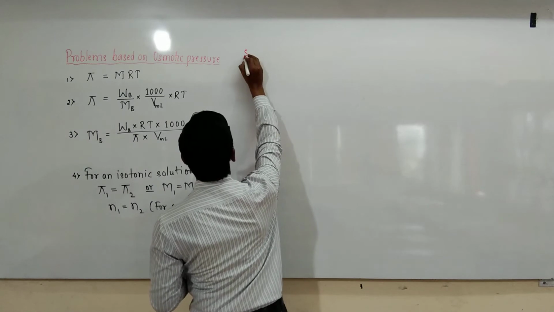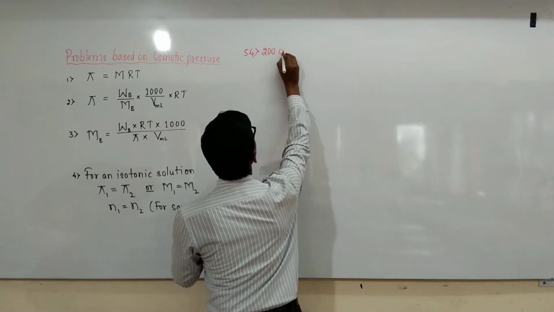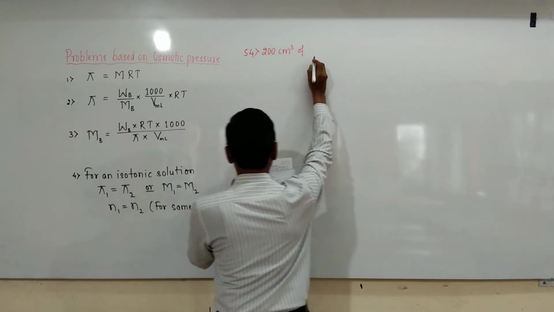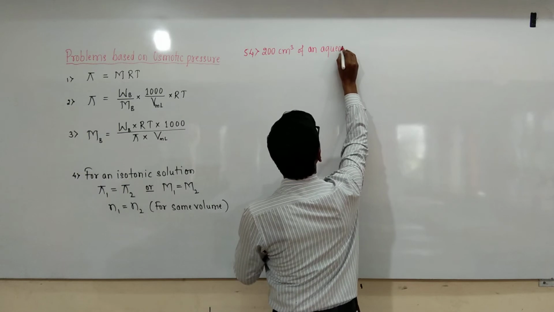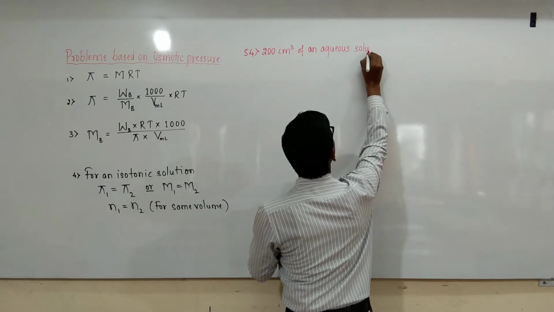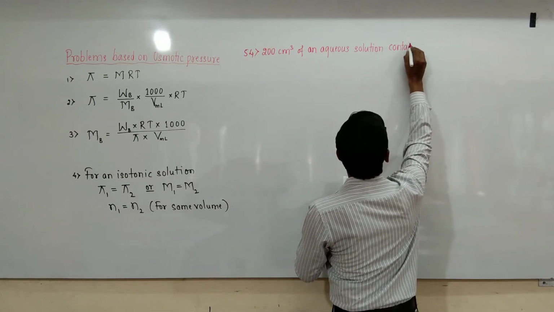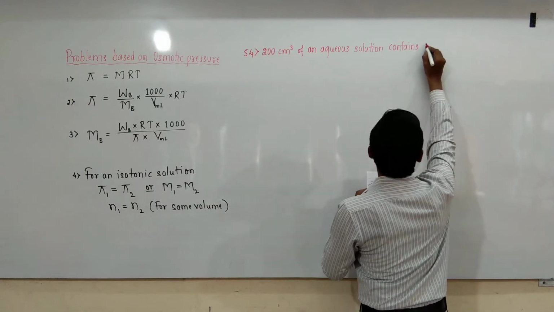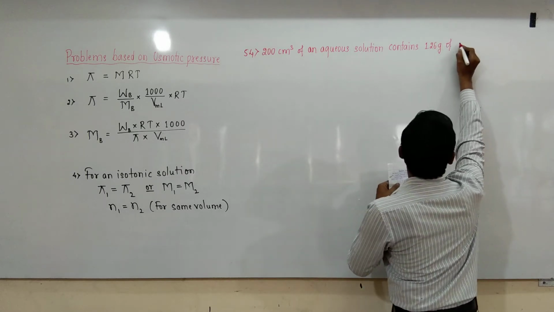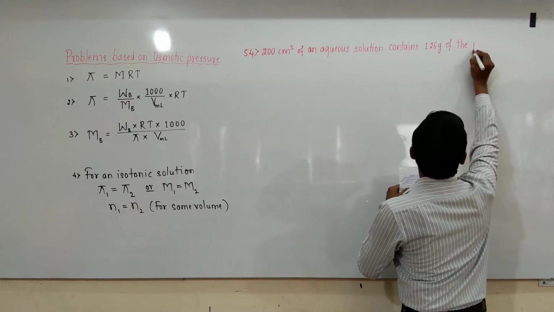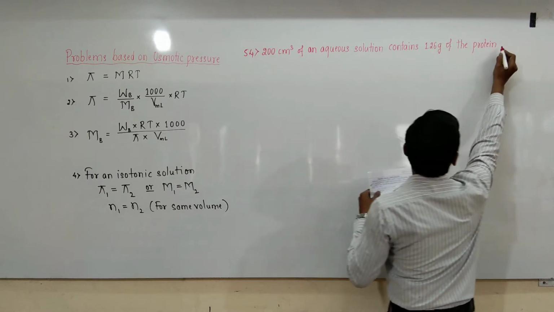Next question, 54th. 200 cm cube of an aqueous solution contains 1.26 gram of protein.